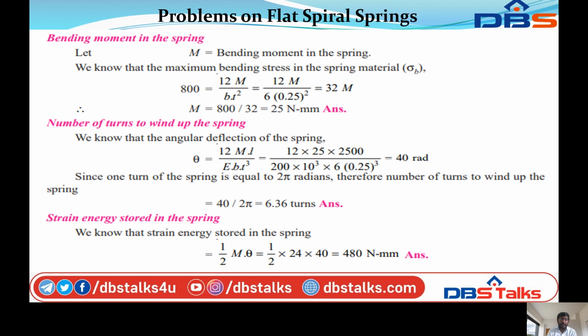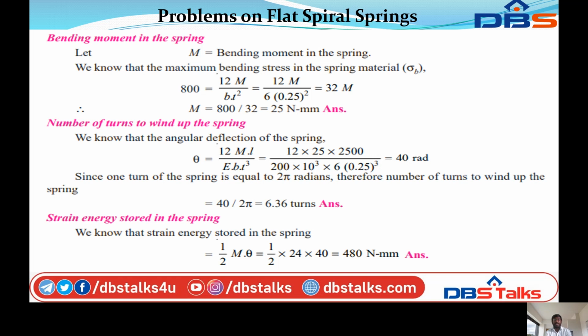Next we can calculate the number of turns to wind up the spring. So we know that the angular deflection of the spring theta is equal to 12 into M into L by E into B into T cube, substituting the values, 12 into 25 into 2500 by 200 into 10 cube into 6 into 0.25 whole cube.